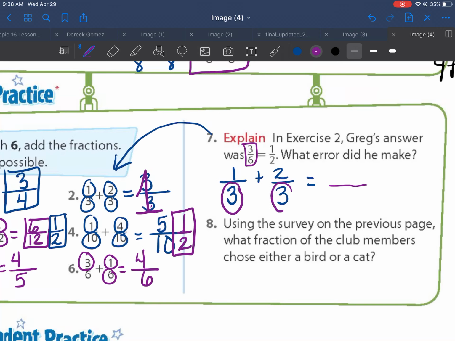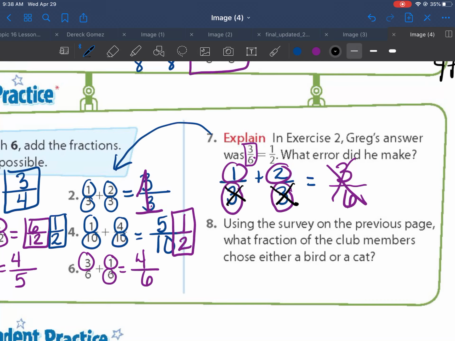Well, this is what a lot of students do. When you are adding fractions, you add the denominator. So you say 3 plus 3, 6. 2 plus 1, 3. That is why he got 3/6. This is not correct because we do not add the denominator, because you're not adding parts to the whole.